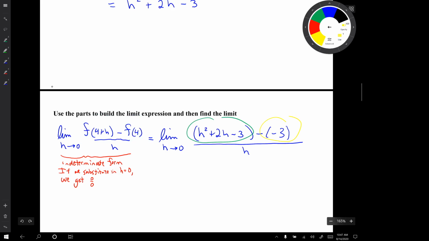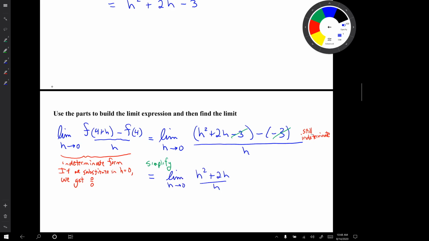And the thing that we now have is still an indeterminate form. But what we're going to do is simplify this expression. Notice that the minus 3 cancels the minus 3. So we rewrite the expression with that simplification done.